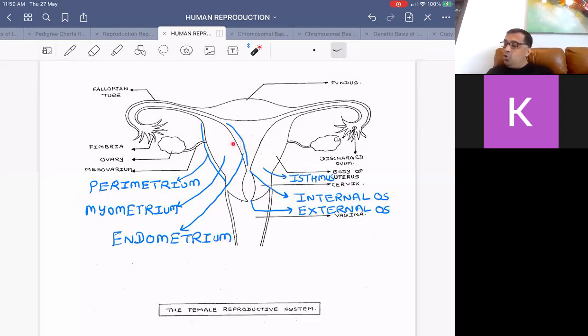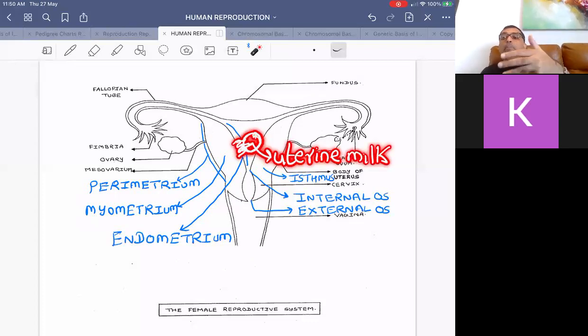And the endometrium has in it many glands called uterine glands. Uterine glands give out milk, a sugary fluid called uterine milk. And uterine milk enters the morula and supplies it with further nourishment to now become a blastula.